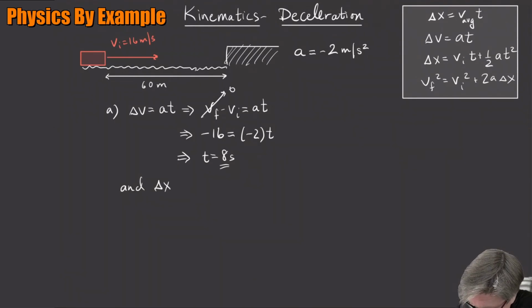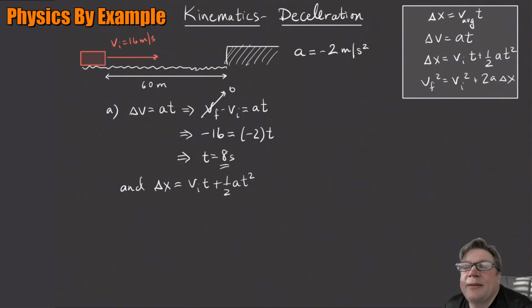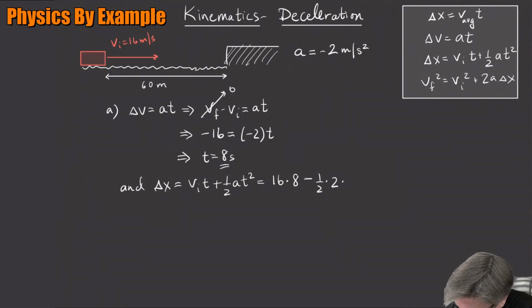Well, it looks like I can use this. v initial times t plus 1/2 a t squared, right? If I know an initial velocity, a time, and an acceleration, I can get distance. And I know all of those things. So this is going to be 16 times 8 minus, because a is going to be negative, so it's going to be 1/2 times 2 times 8 squared.